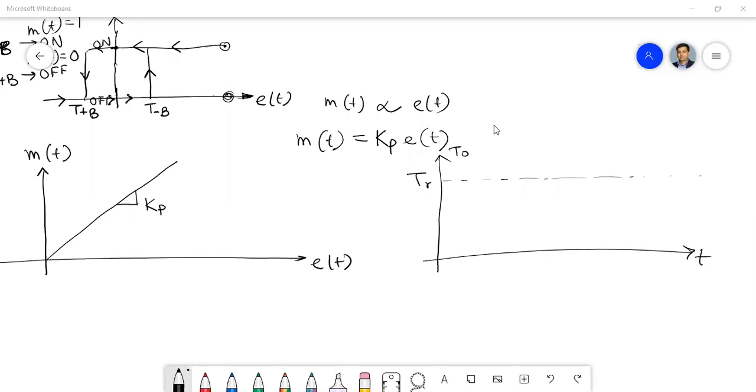Can you tell me what type of response, temperature output response, we will get if I have proportional control?